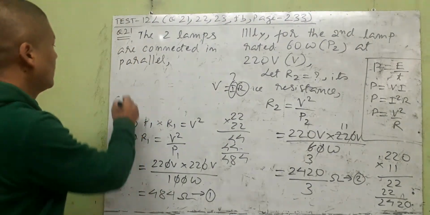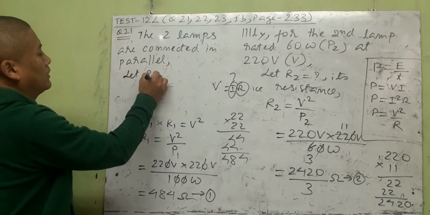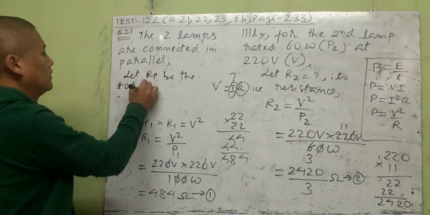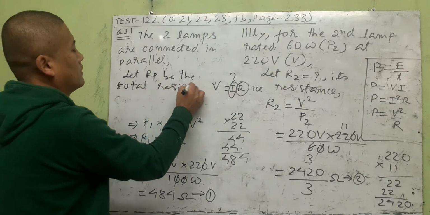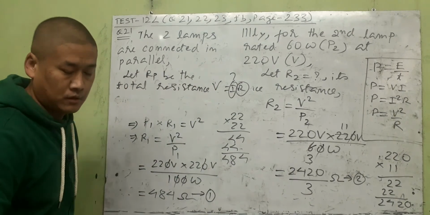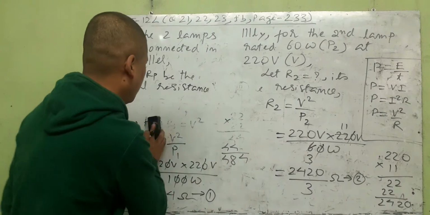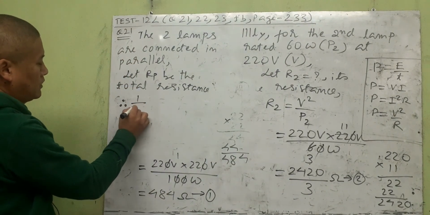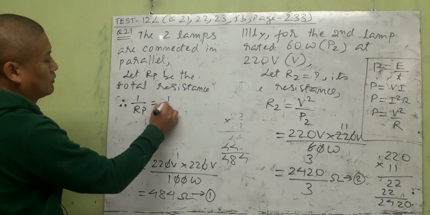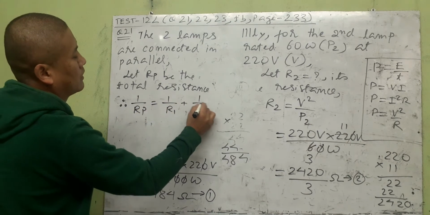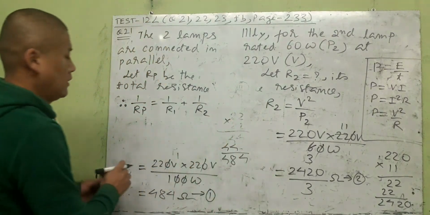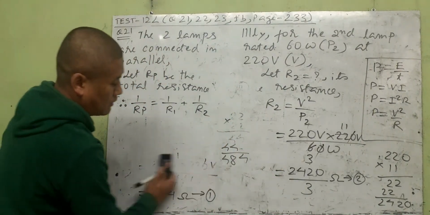So let RP be the total resistance, which is in parallel. Now if they are in parallel, the formula is the reciprocal of total: 1 by RP equal to 1 by R1 plus 1 by R2. So we have to use the parallel formula.